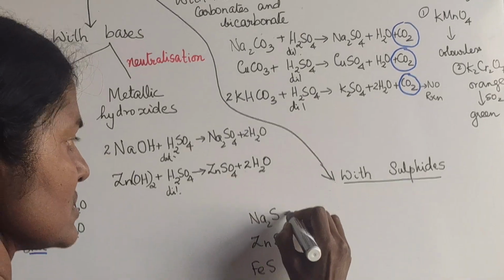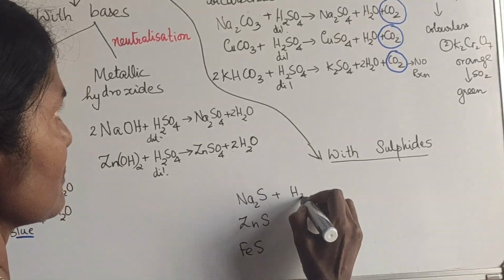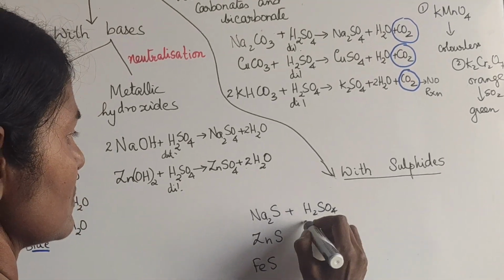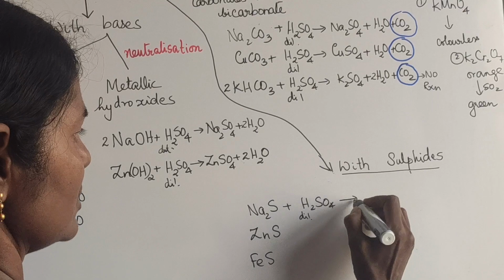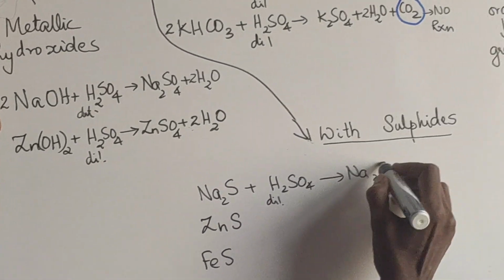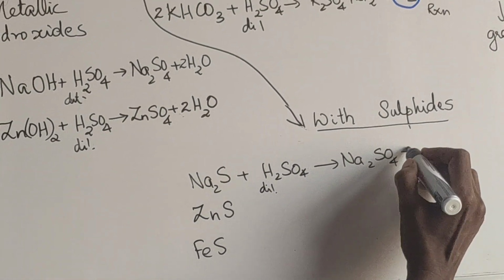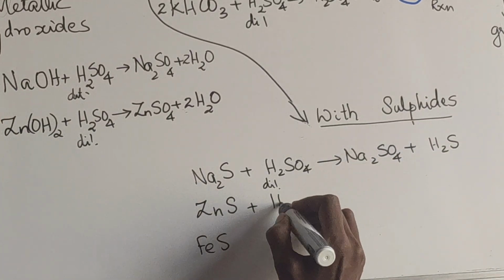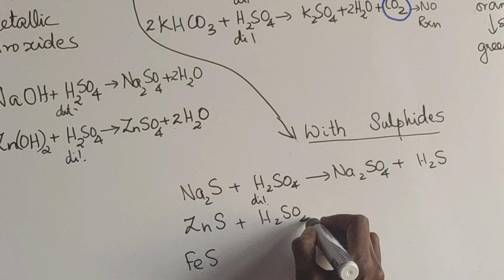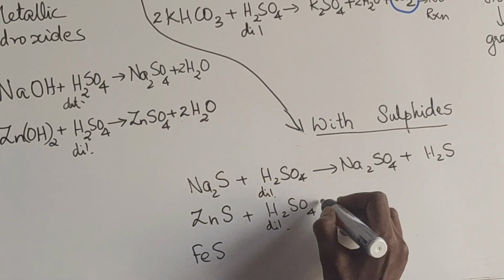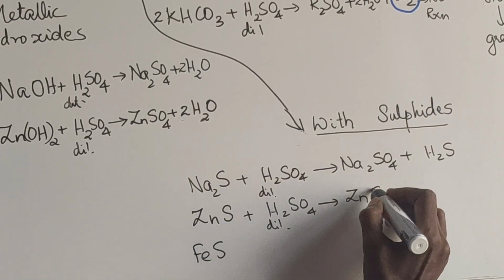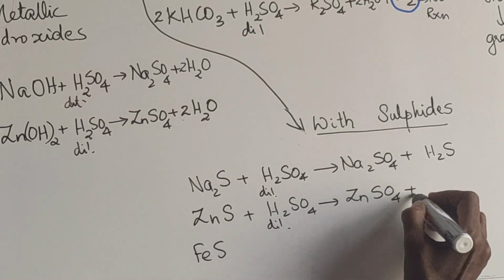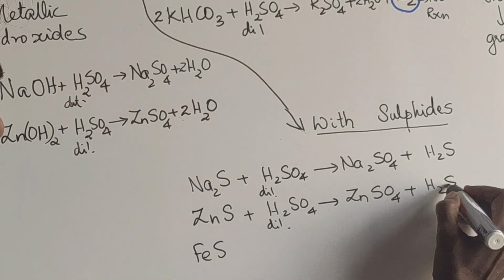When this reacts with dilute sulfuric acid, again you would get sodium sulfate plus hydrogen sulfide. Zinc sulfide reacts with dilute sulfuric acid to give zinc sulfate plus hydrogen sulfide.